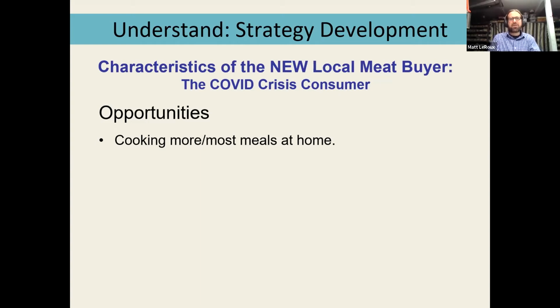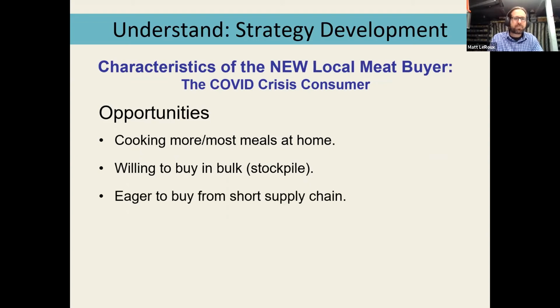I can't imagine eating half my meals outside the home, but I know it's true for a lot of the population. They're willing to buy products in bulk and to stockpile when they have the opportunity. And that's actually what happened with toilet paper. There was never a shortage, but people wanted to stockpile it, and that's why it went missing from the stores. So there's still that mentality out there, and we can still see it with certain products.